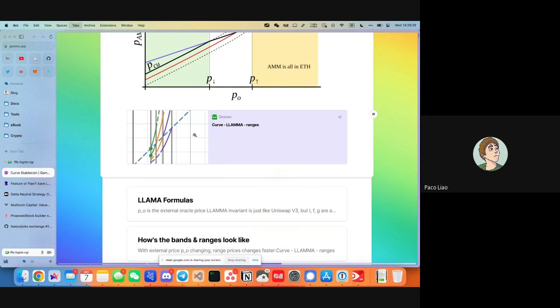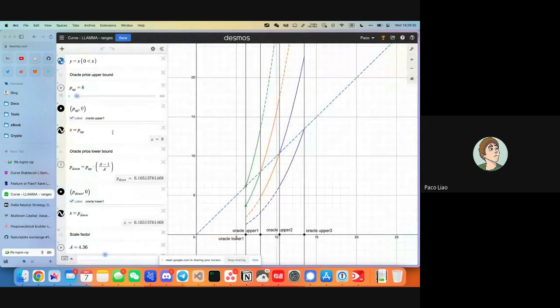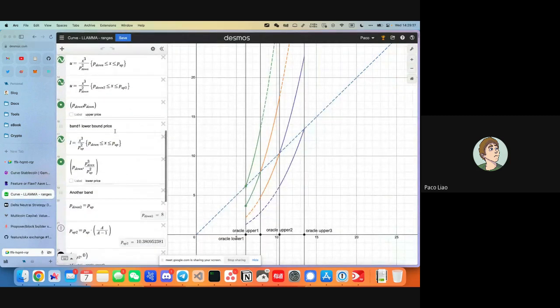And there's a chart we can play with. Here we have 3 bands. Curve stablecoin calls these bands. Each band, on the x-axis is the external price, has a lower and upper external price, which we call the P up and P down.